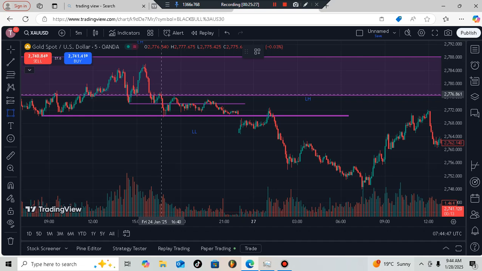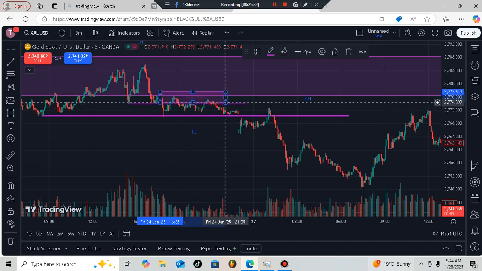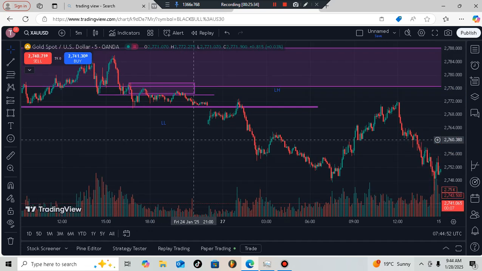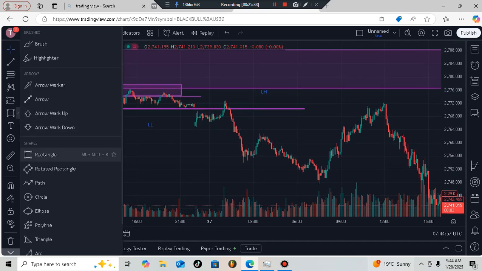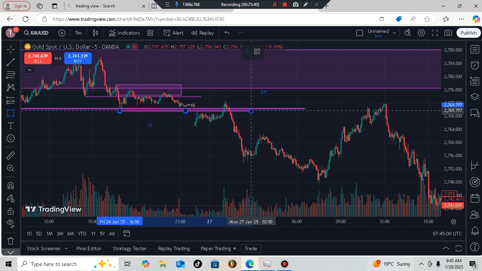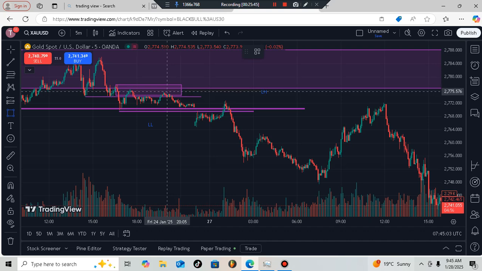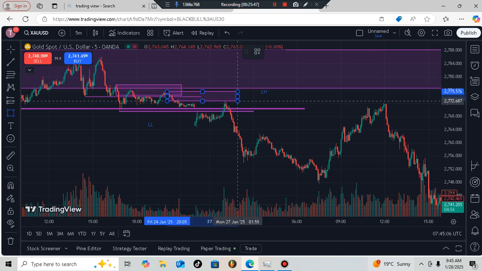Obviously market came back to that area. Could have been an area where you traded, but not to hold for long, because market would have come back and eaten you. We had another mitigation block right there, and another one right there. Beautiful stuff. Market came to it, then ran away.